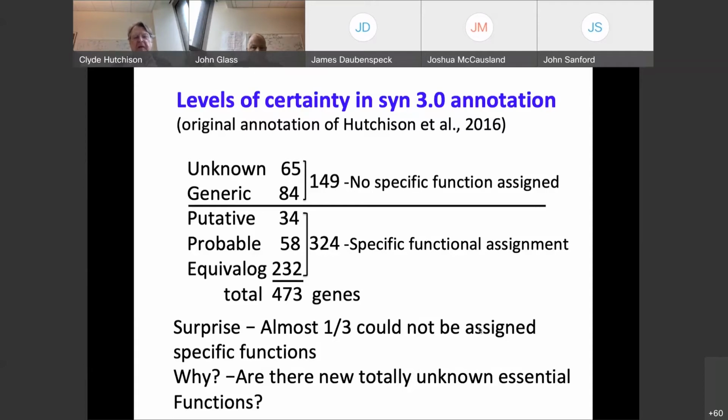And unfortunately, or surprisingly at the time, about a third of the genes were not assignable a specific function at that time. And why? Are there totally new unknown essential functions? I don't think we can still answer that question.